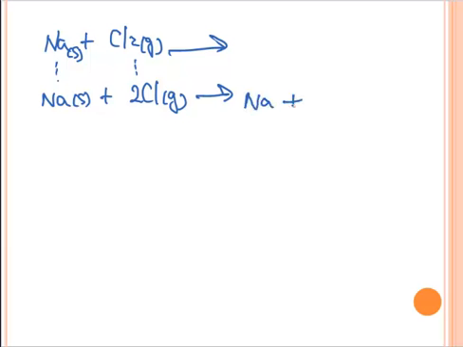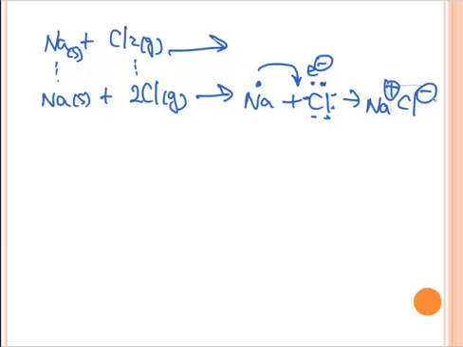Okay, so in this case now we're looking at sodium and chlorine. Sodium has, as we indicated before, 1 valence electron. Chlorine has 7. Now we have this transfer of valence electrons, and we're going to get Na plus and Cl minus.